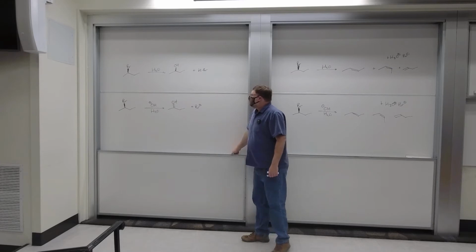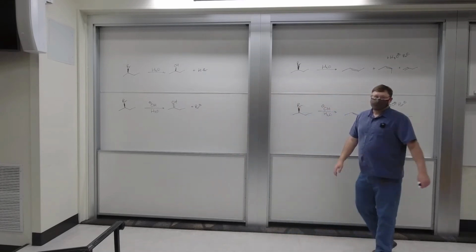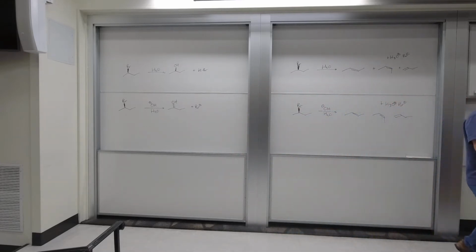So I've got 4 reactions shown, 1 in each panel. Again, they all look really similar. Secondary bromide, water and hydroxide, and then products. So what I want you to do first in each panel is decide: is it a substitution or elimination reaction?